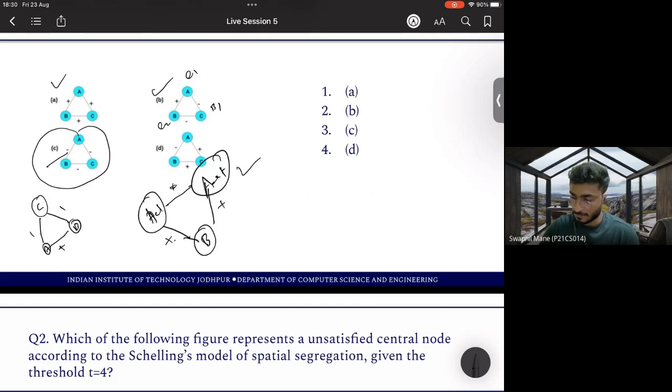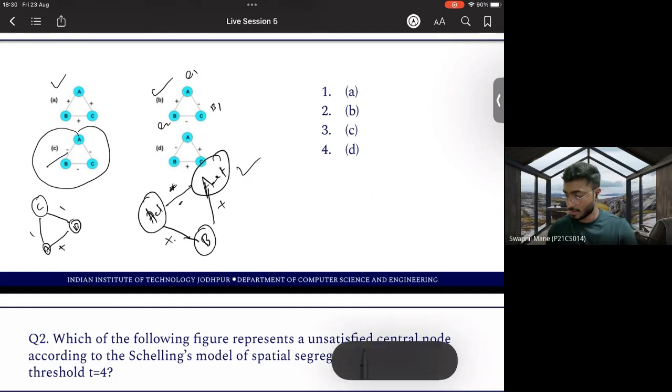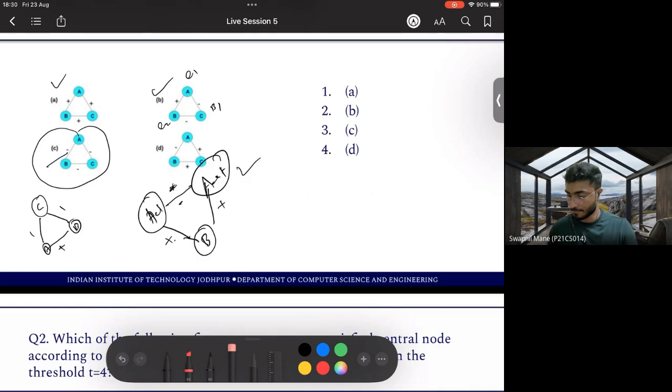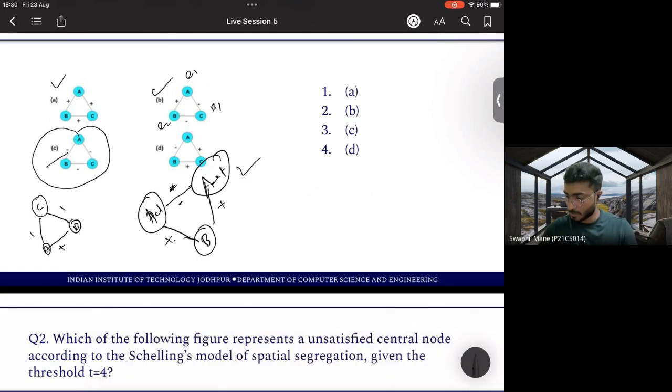But if we put a negative edge between this uncle and aunt and evaluate the network, it is unstable, right? So this situation can't persist. So here options A and B are correct.